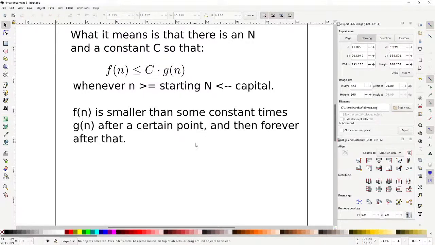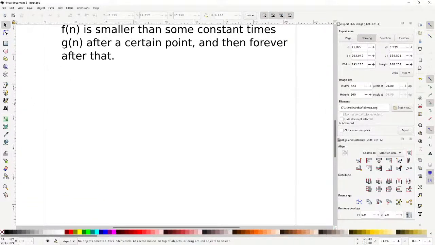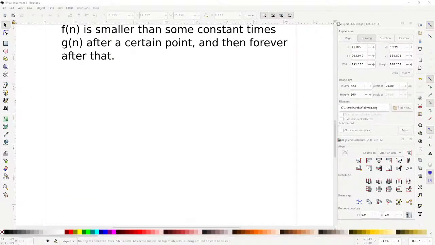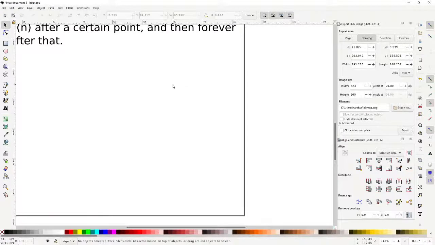So for instance, if I asked you, is, say, 3n squared plus 2n plus 1 equal to O of n squared, right? Let's go through the actual argument to show that that is the case.